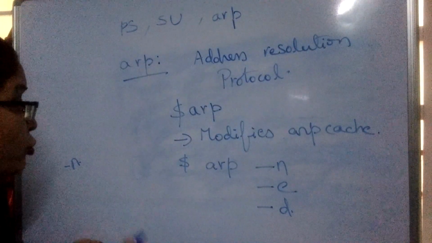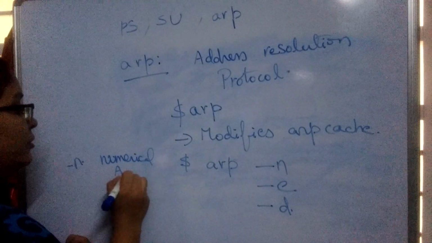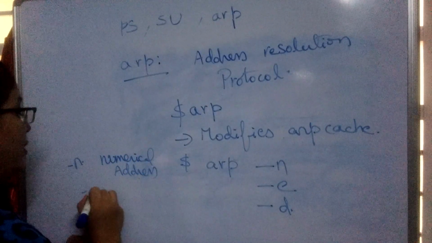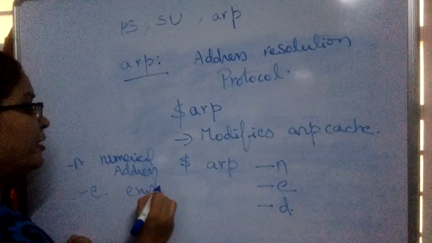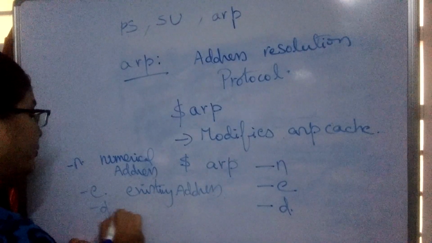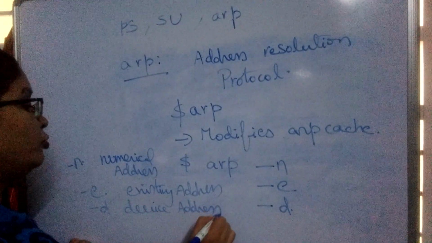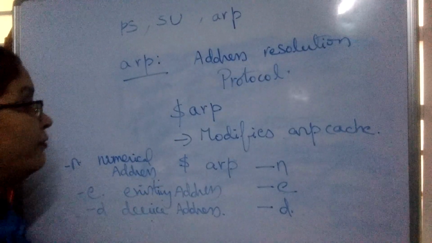Hyphen N gives the numerical address. Hyphen E gives the existing address. Hyphen D gives the device address, on which device you are working. So numerical address, existing address and device address.